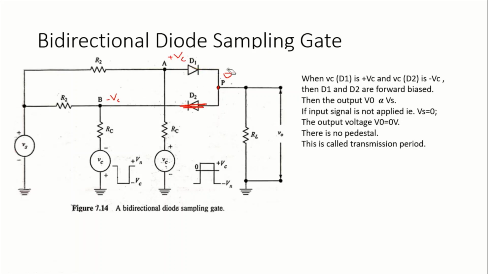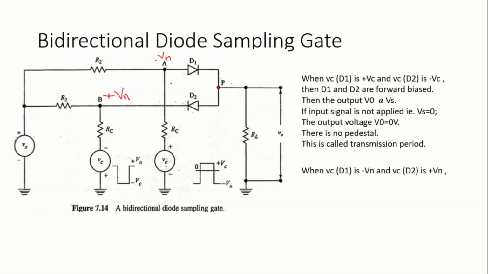So let us see what happens if the control signal at diode D1 is at minus Vn, and this is at plus Vn.